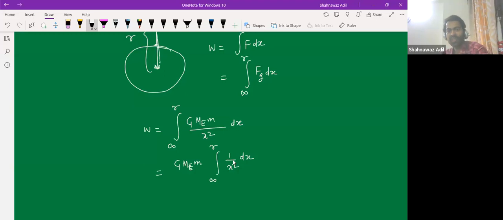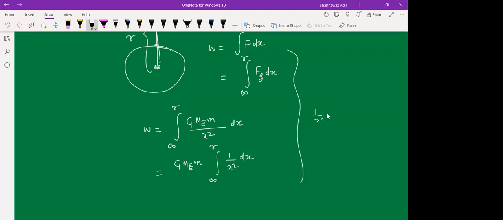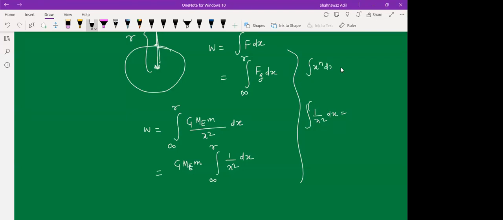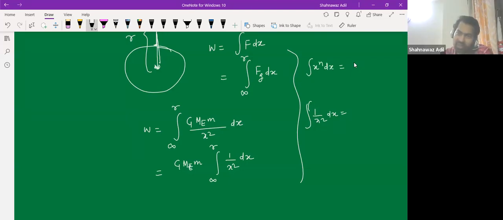What is the integral of 1 by x squared? I have written this so many times. The integral of x to the n is x to the n plus 1 divided by n plus 1.